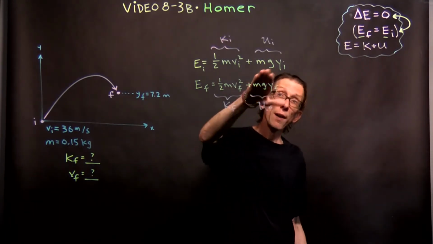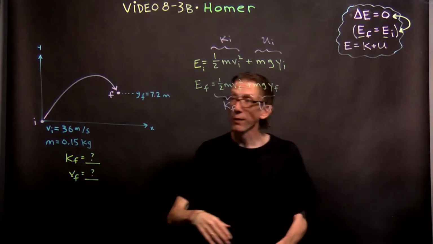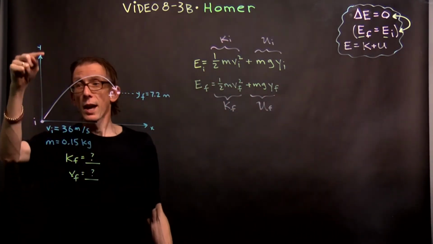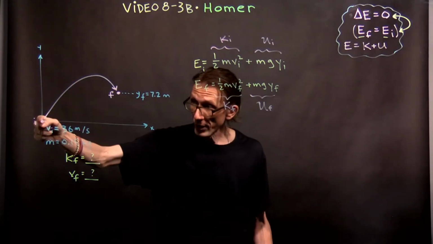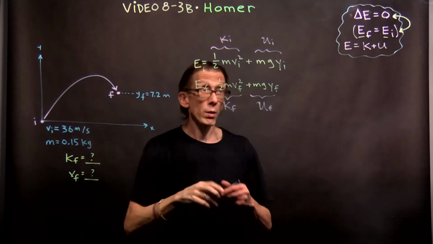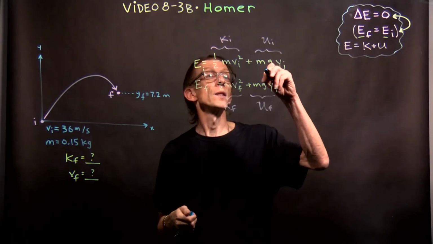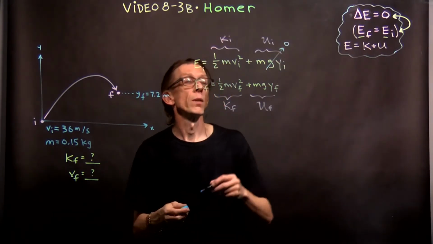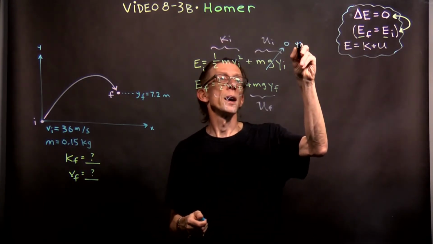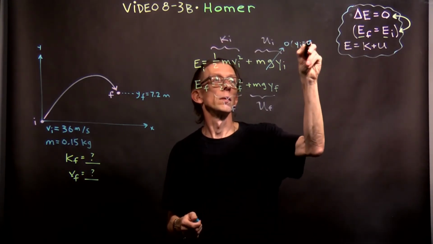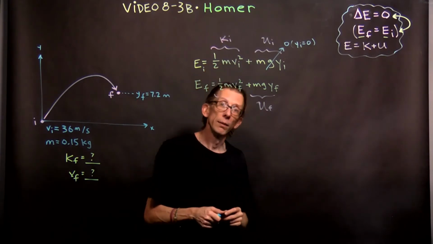The initial gravitational potential energy is zero because the ball starts off at y equals 0, the way we've drawn our picture. So y sub i is 0, making this whole term 0.